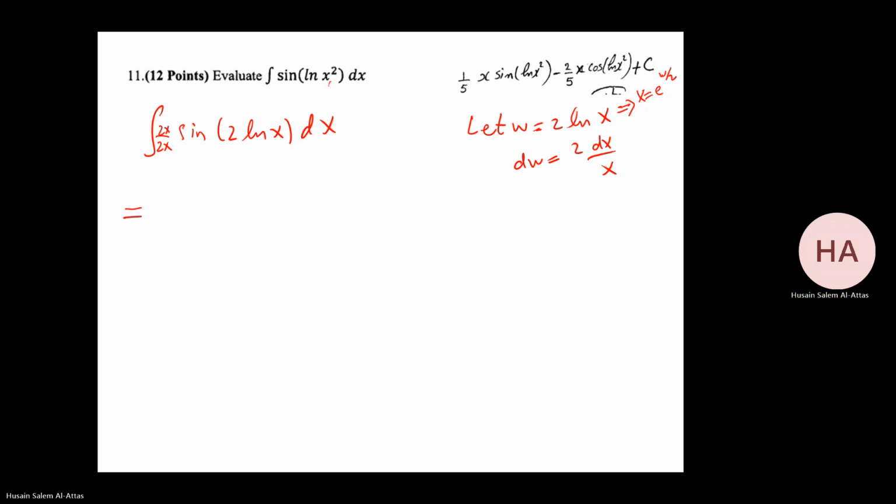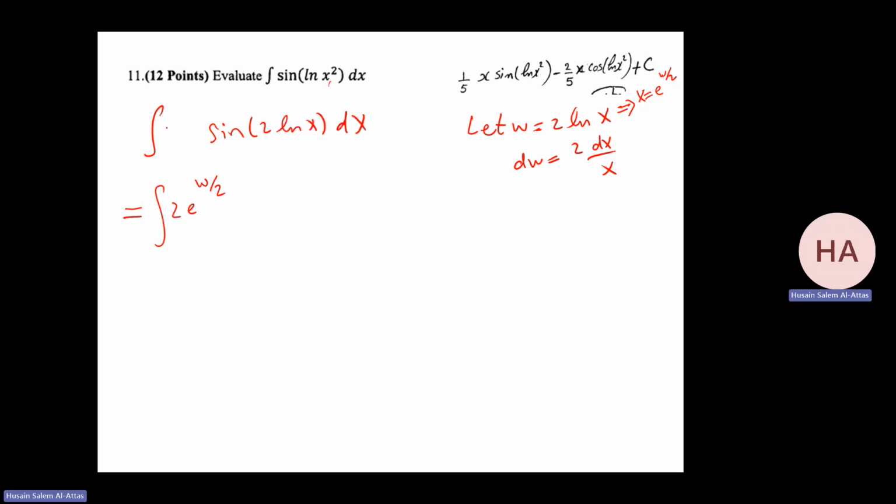So that will make it okay. I have sine of 2 ln x dx.